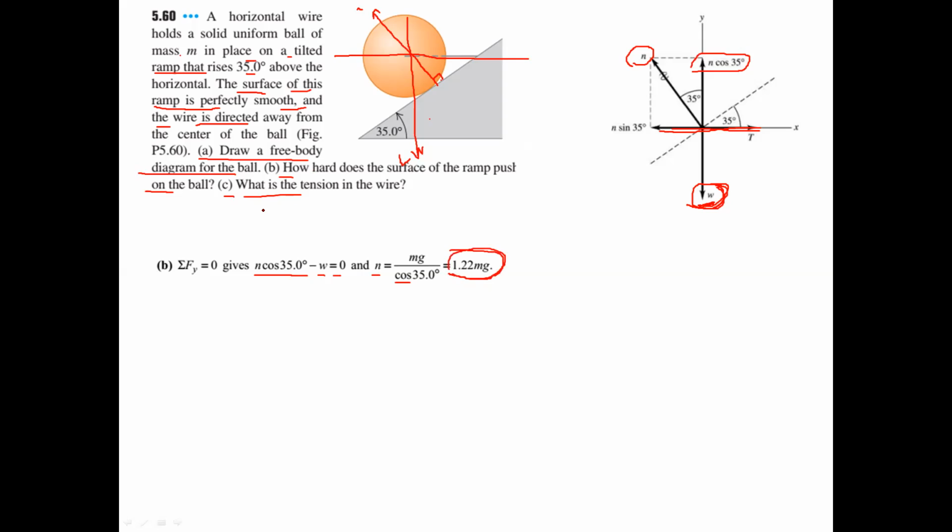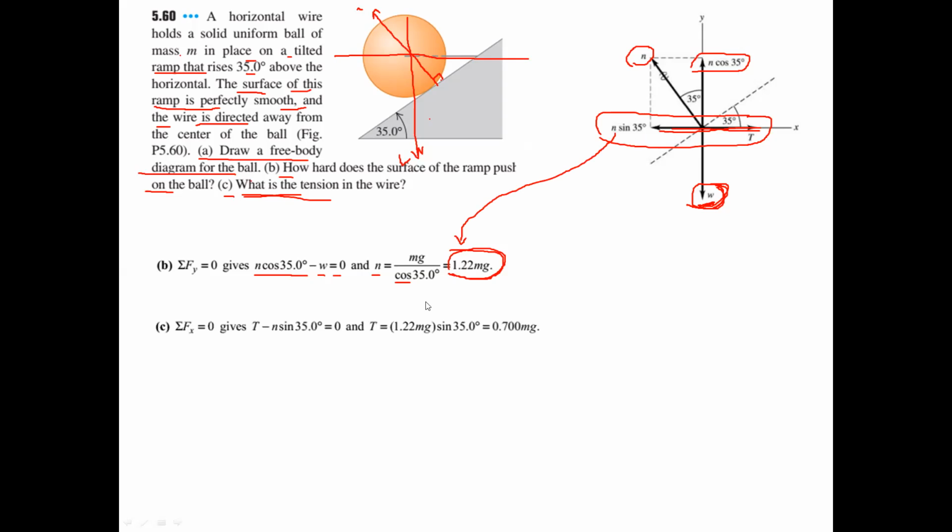And the next one is, what is the tension in the wire? So you will do the same thing, and in this case, T, the tension in the rope, will be equal to N sine theta, in this case 35. You have found N here, right?